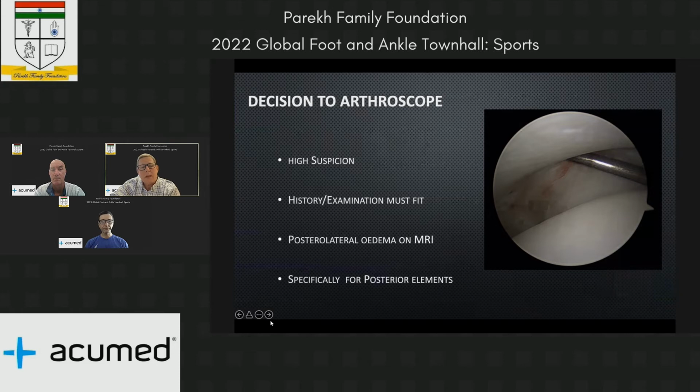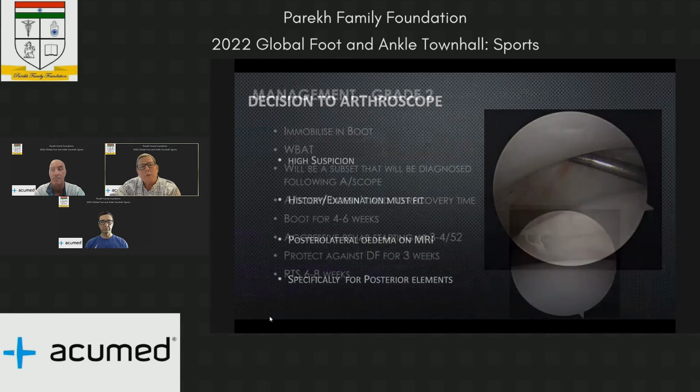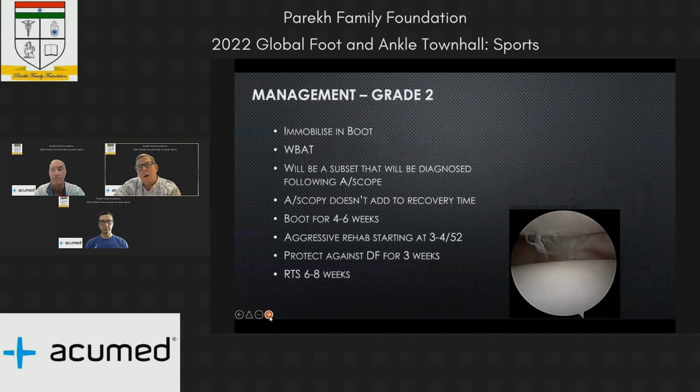And really for me, the key is what's happening posteriorly, because if we know the posterior elements are intact, we can be relatively sure that, one, the degree of injury is a little bit less, and two, we can treat these non-operatively and still come out with a good result in a reasonable time.